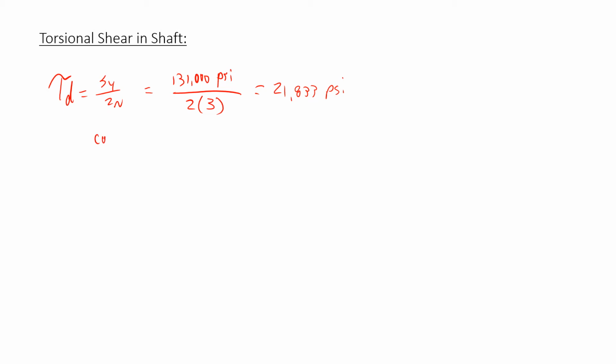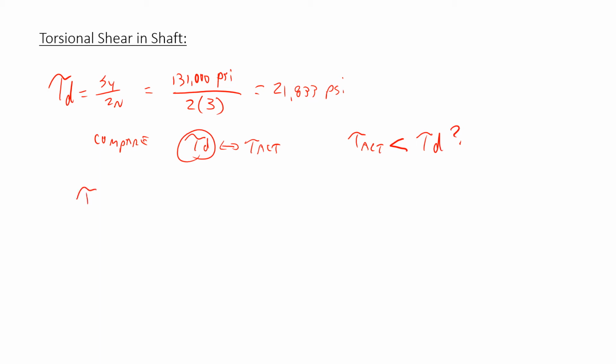So what we need to do to check and see if this design is safe is compare our design stress to our actual stress. Now, the design stress gives us the upper limit on the acceptable level of stress. So what we're looking for is, quite honestly, that our actual stress is less than the design stress.